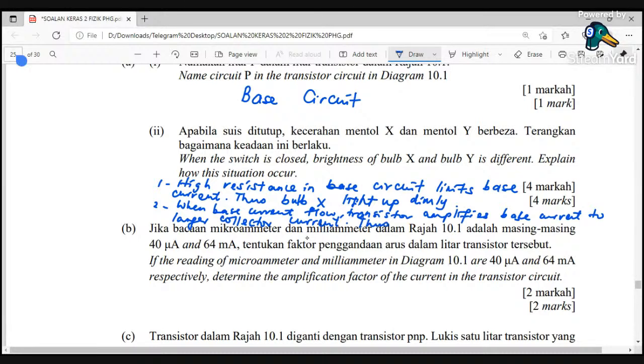Thus, bulb Y light up brighter. Okay, lebih cerah.